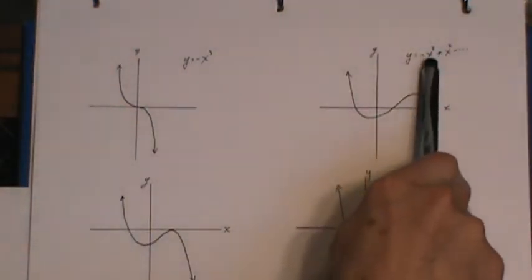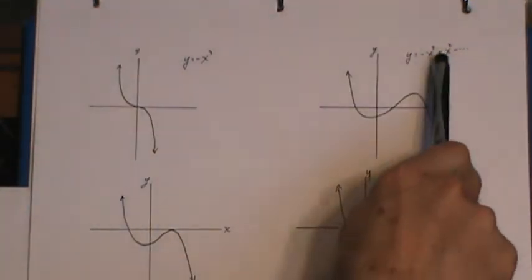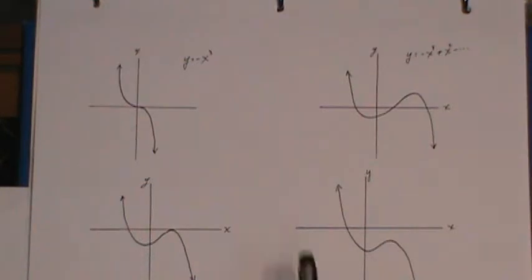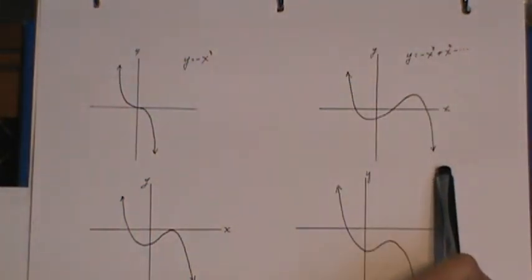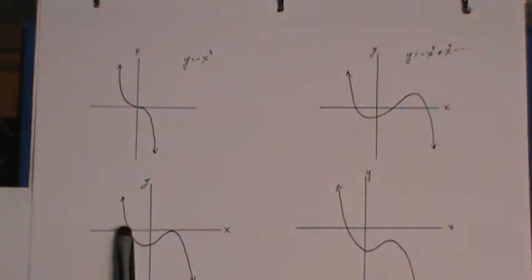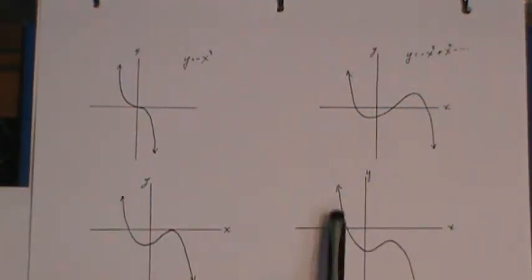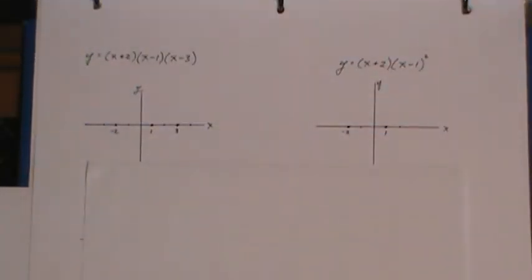If your leading term is negative x cubed, doesn't matter what else you put on the end, you will start high and end low on the right hand side. Again, you could have 3 roots or 1 root in what we call a double, or simply 1 root. A cubic must have at least 1 real root, one place where it crosses the x-axis.